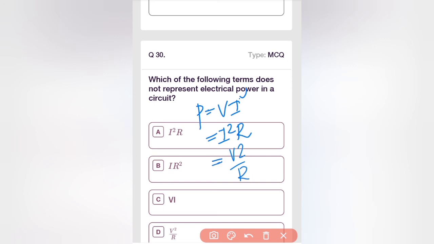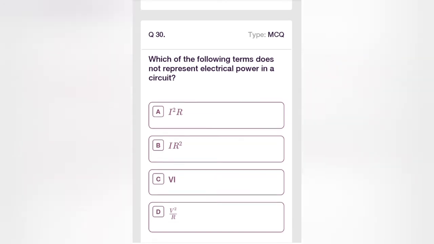So which do you think is the correct answer? The one which does not represent electric power is going to be I R square. Option B is the answer.